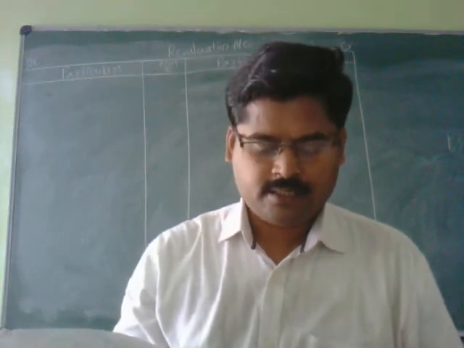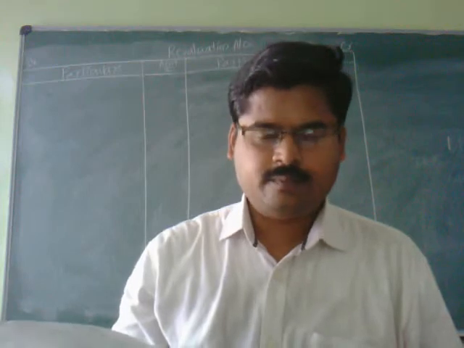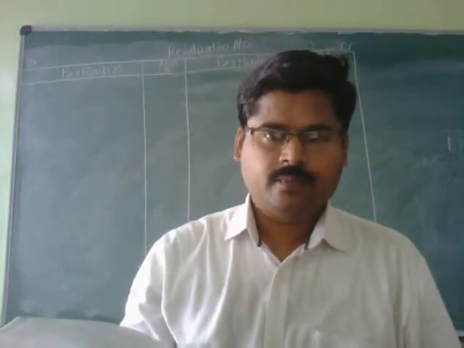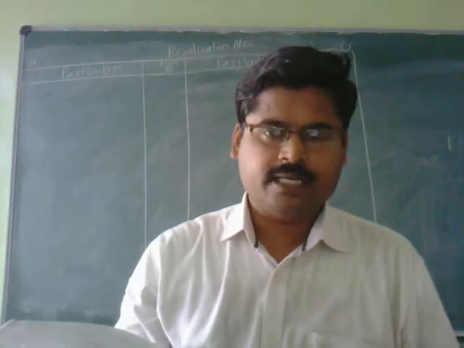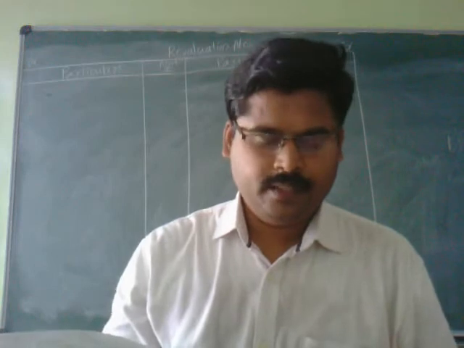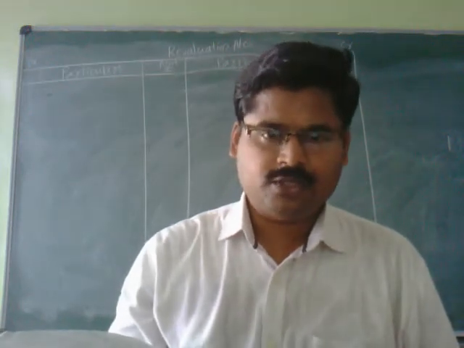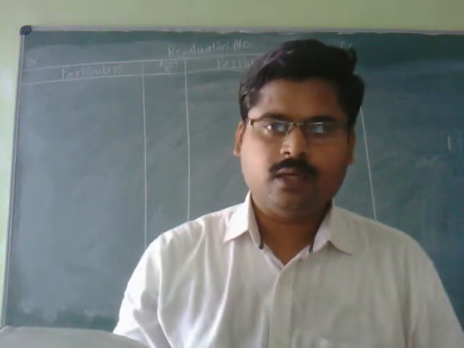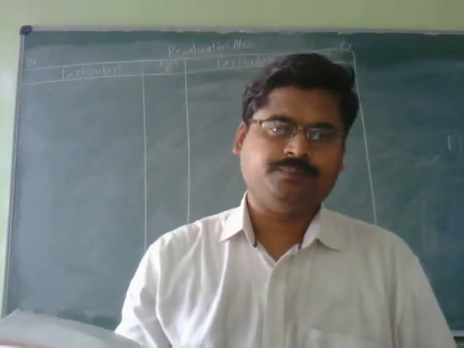Provision for doubtful debts, that is PDD, is maintained at 5% on debtors. And last condition is outstanding salary rupees 2,000. You are supposed to prepare first the revaluation account, second the partners capital account, and third the balance sheet of the firm.